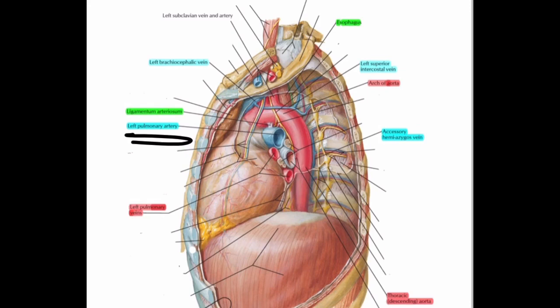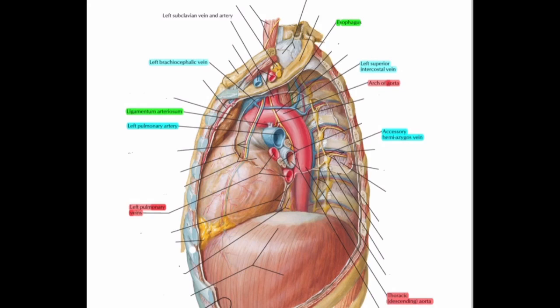And this is important because the pulmonary artery contributes the majority in forming the hilar shadow on an x-ray. Therefore, as the left pulmonary artery is above the bronchus on the left side, the left hilum appears above the right hilum when we see it on an x-ray. So that is its importance.